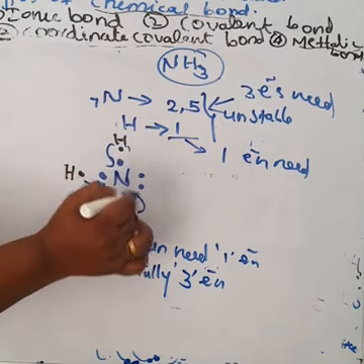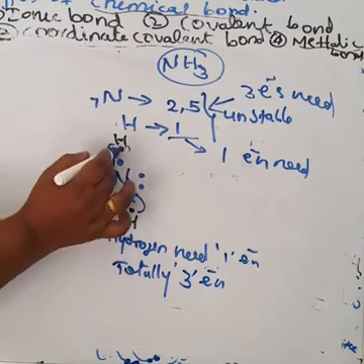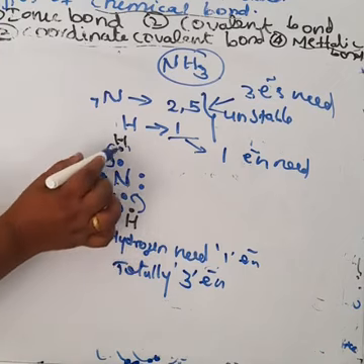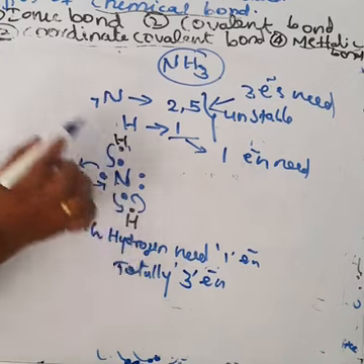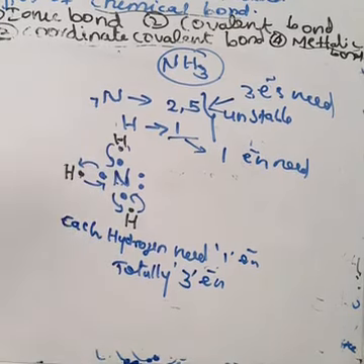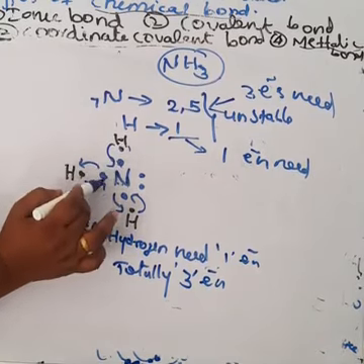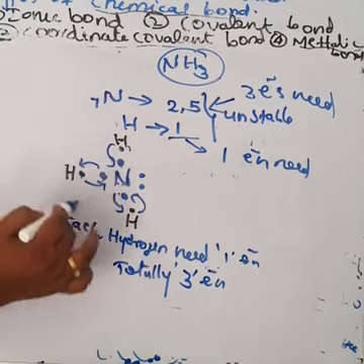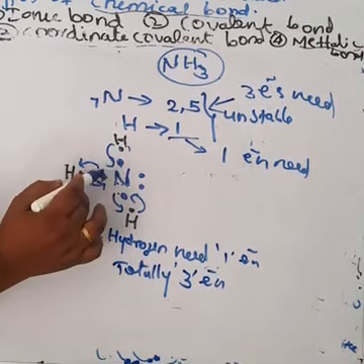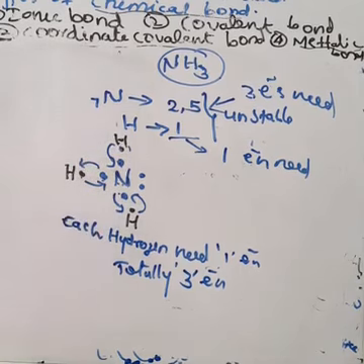Each hydrogen atom shares its electron with the nitrogen atom. 3 hydrogen atoms share their 3 electrons with the nitrogen atom. At the same time, the nitrogen atom shares its 3 electrons, one with each hydrogen atom.